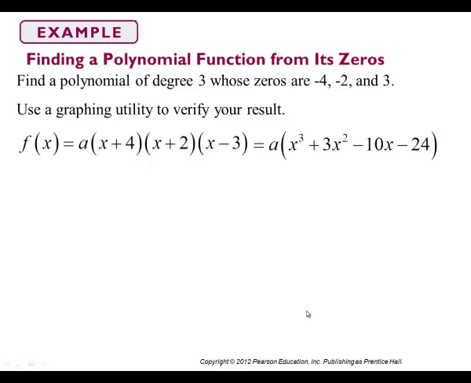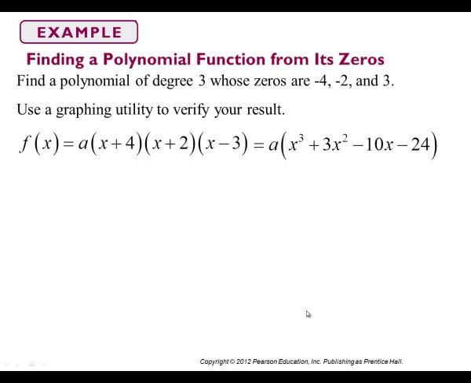And so you would distribute the x to the x squared plus 6x plus 8, and then distribute the -3: -3 times x squared, -3 times 6x, and then -3 times the 8. And then you get this.